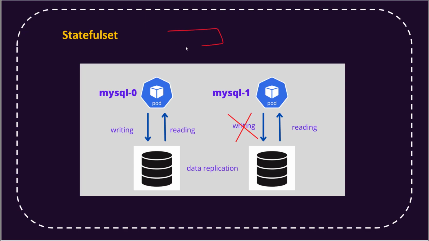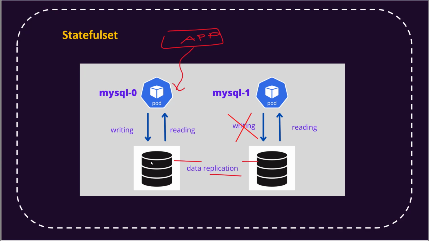If we have an application and the application writes data to our database, and we have 2 or more replicas, the application can only write to one of them. If it is supposed to write data to these databases randomly each time, we will lose our data.